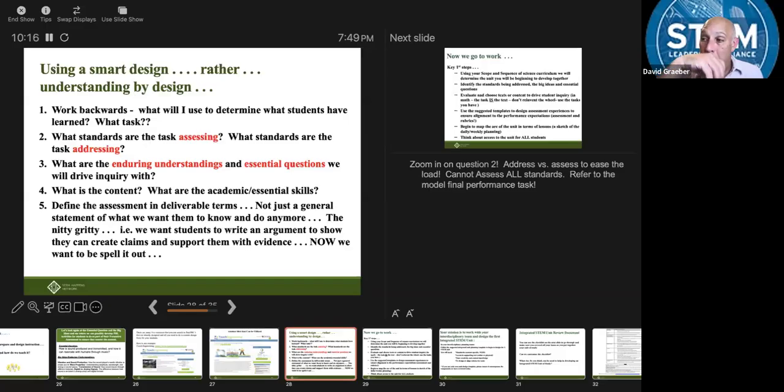We need the nitty gritty. We want them to write an argument to show that they can create claims and support them with evidence. We know that's what we want, and we want to be able to spell it out. So when we build out our units of study, that's an area where we really need to be explicit. I'll go back and show you the one that we created, and I might need to have AI make it more explicit.